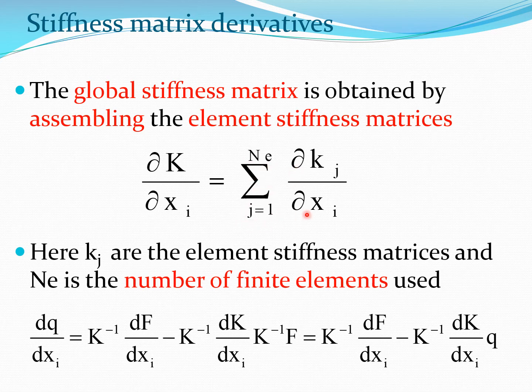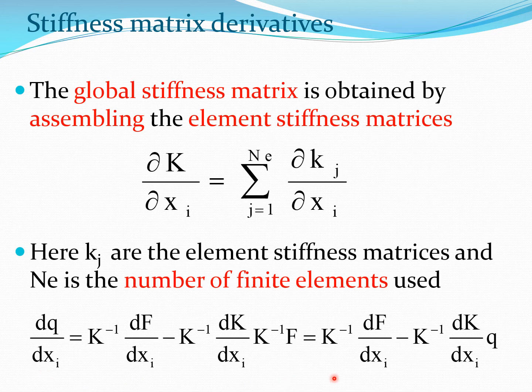We use the symbol small k to point out that these are not global, these are at a local level. So again, it's a simple formula, I should say, and the expressions for k_j may be there in explicit form, in which case you can very easily differentiate this particular problem.